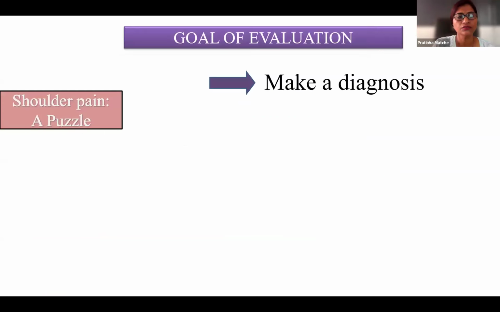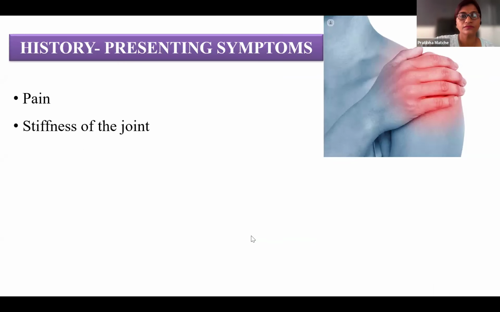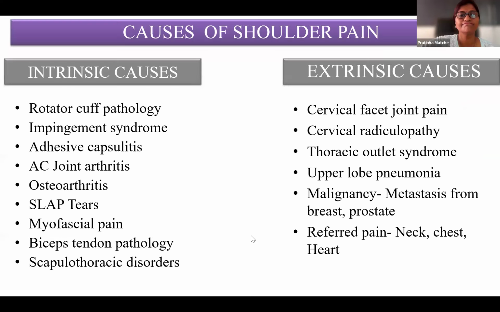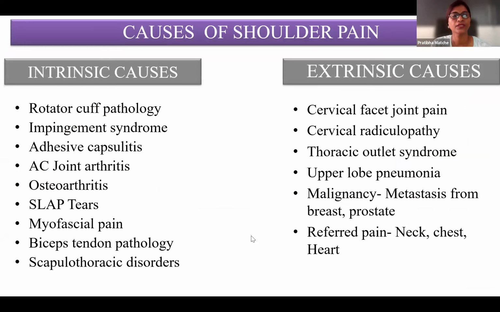Shoulder pain is like a puzzle. To solve the puzzle, we have to go in a systematic manner and follow the protocol, and only then will you be able to make a correct, accurate diagnosis. So you have to know the causes of shoulder pain, the intrinsic and extrinsic causes.